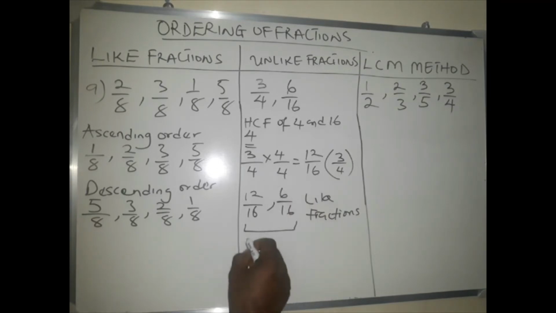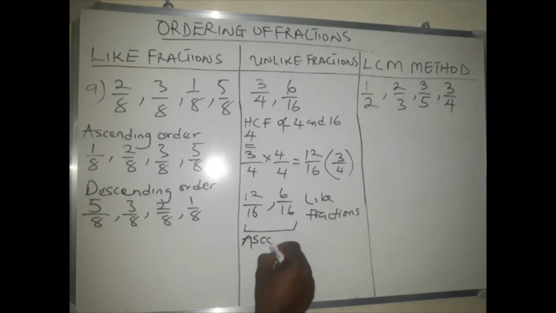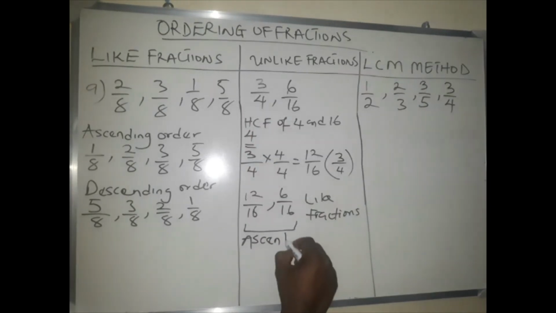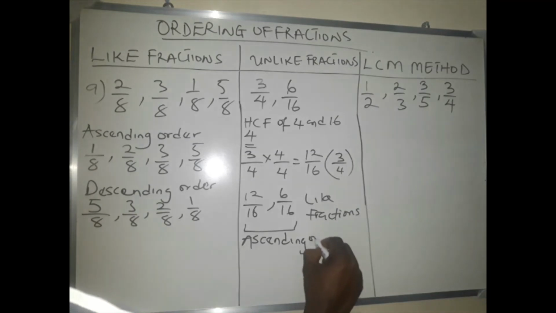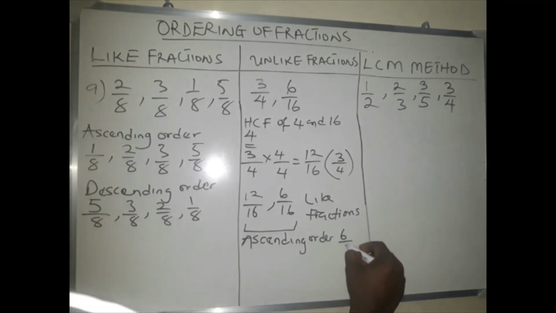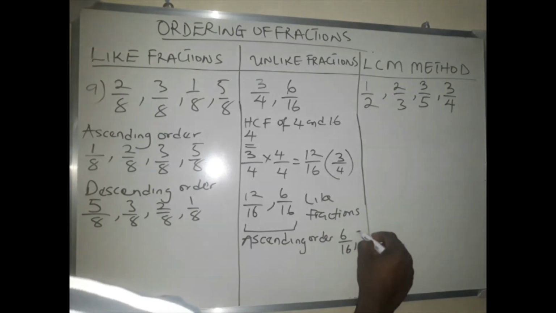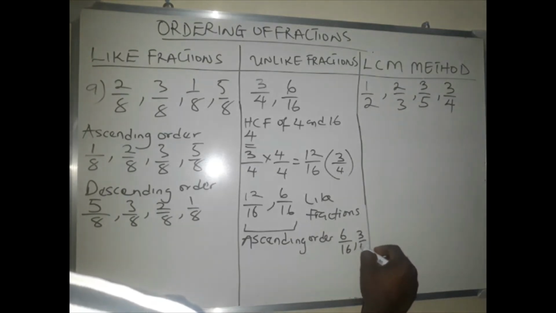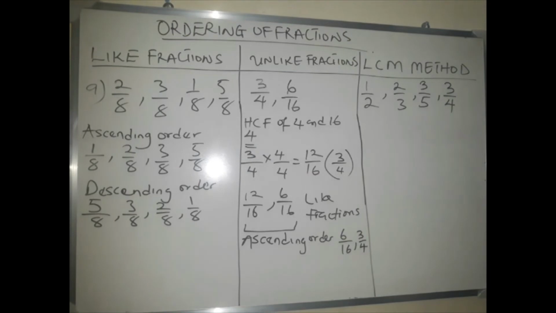So now, if we're asked to arrange this in an ascending order, we'll have the smaller one, 6 over 16, and then we'll have 3 over 4, which is the largest fraction.